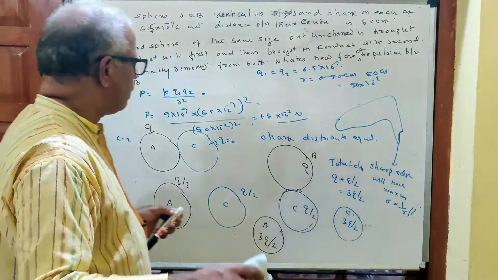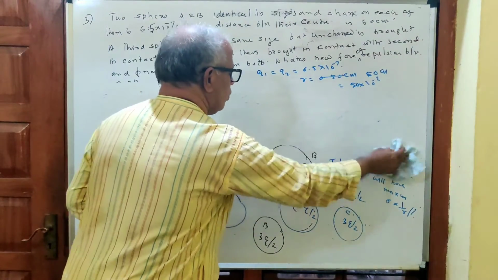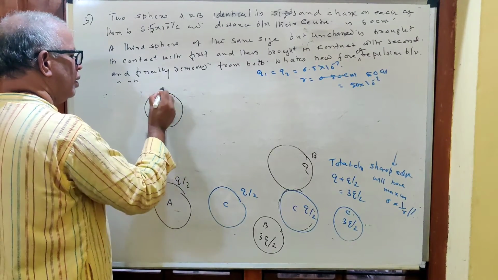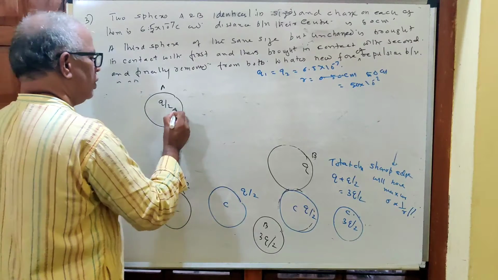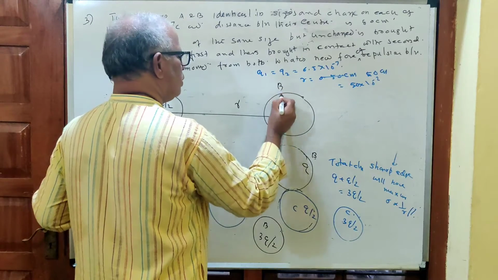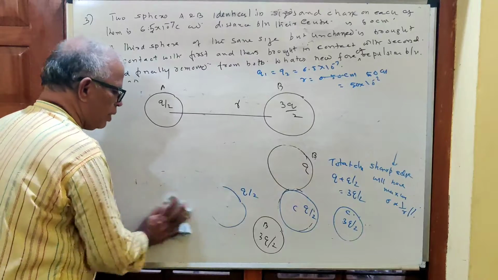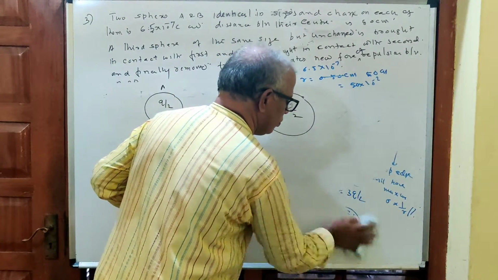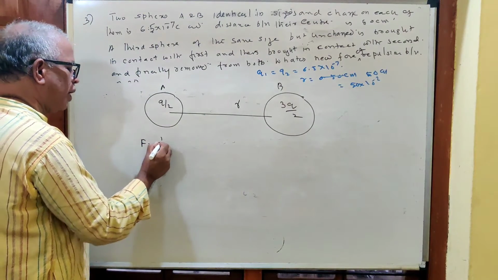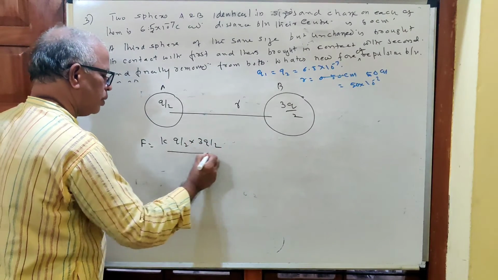Now when you place these charges, let us place it. A has Q by 2, at distance R, B has 3Q by 4. We will have F is equal to K into Q by 2 into 3Q by 4 by R square.